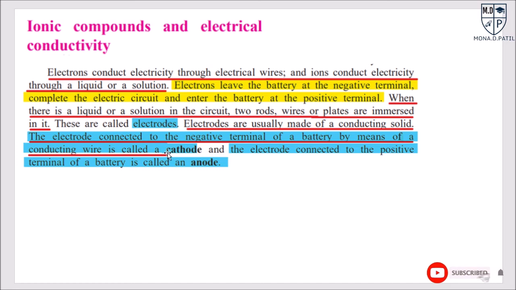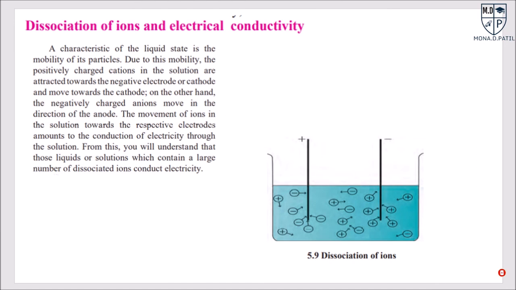So you can see with the diagram dissociation of ions and electrical conductivity. The characteristic of the liquid state is the mobility of its particles. Mobility means movement. Due to this mobility, the positive charged cations in the solution are attracted toward the negative charged rod or cathode and move toward the cathode.